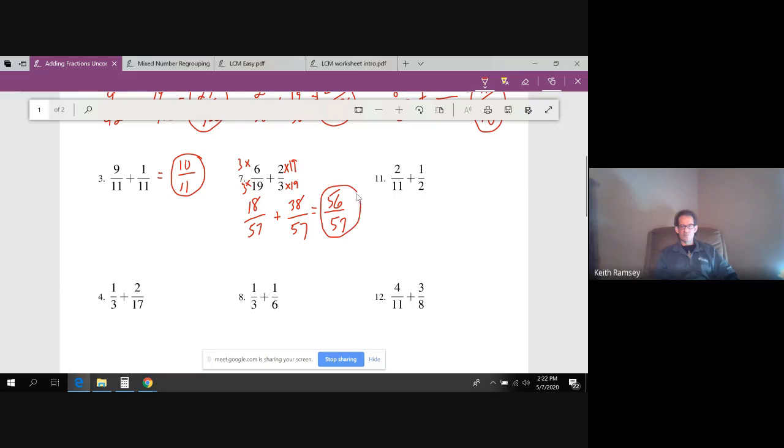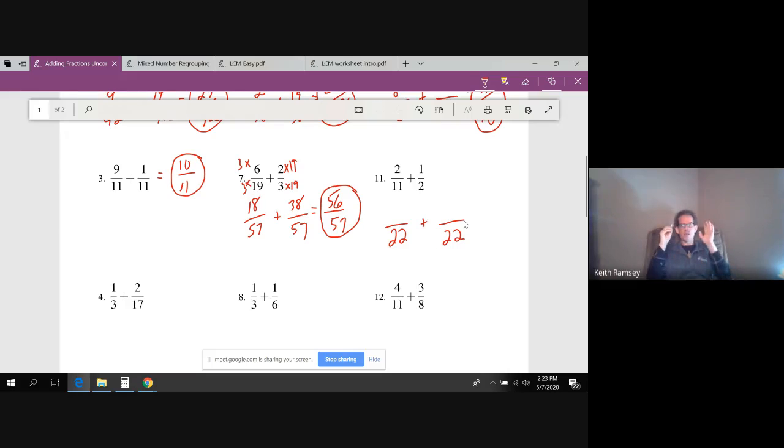It's in lowest terms. For number 11, I have 2 11ths and a half, okay? So I'm thinking of 11 and 2. 2 is prime. It's not a factor of 11, so I'm just going to multiply them. 2 times 11 is 22. That's my least common multiple. It's my common denominator. So I have a 22 here, and I'm going to have a 22 over here.